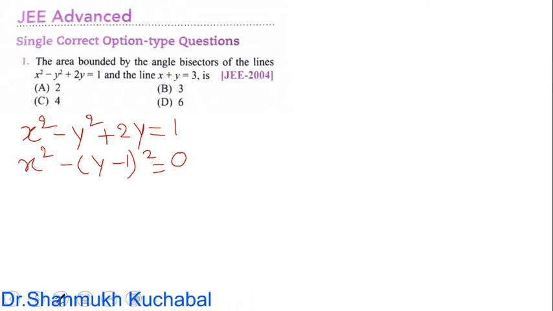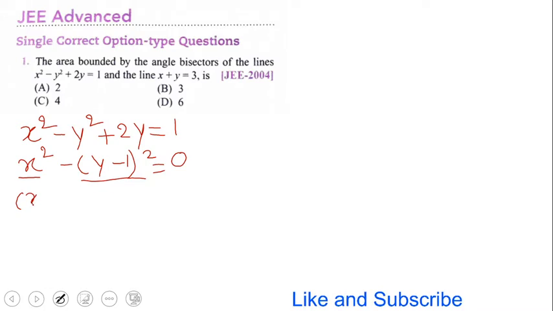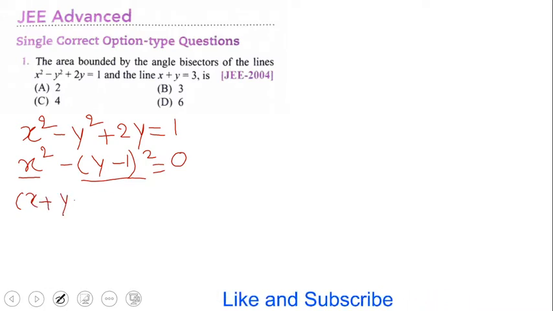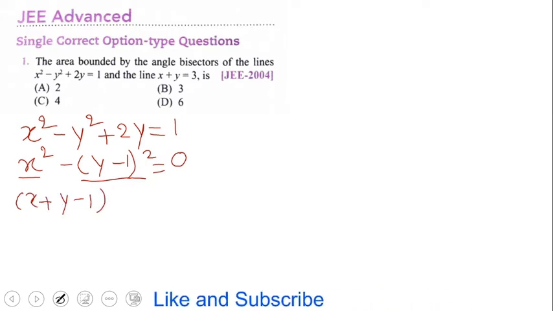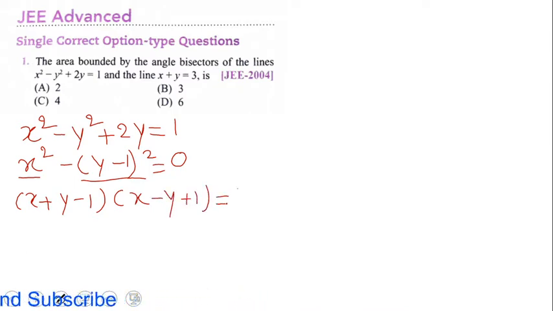Treating x as one term and y minus 1 as a second term, it is a square minus b square, so we use the a plus b into a minus b formula. We get x plus y minus 1 and x minus y plus 1 equal to 0.